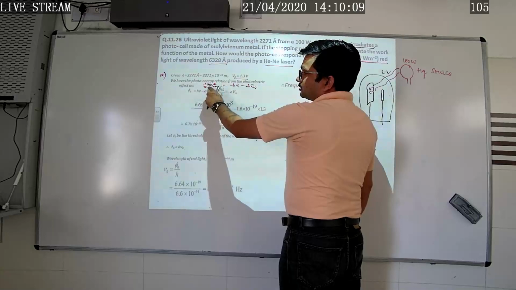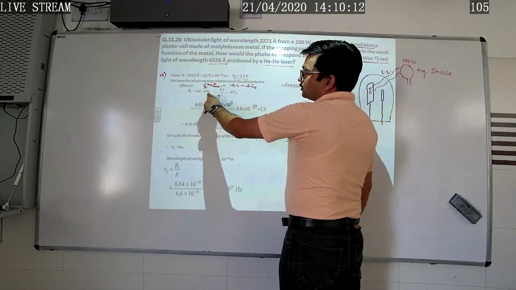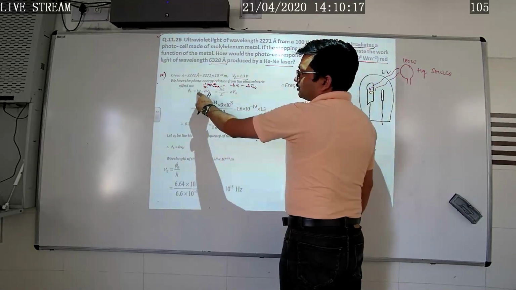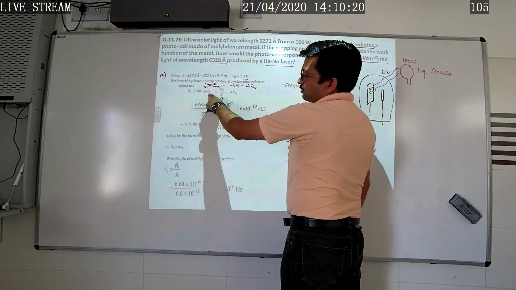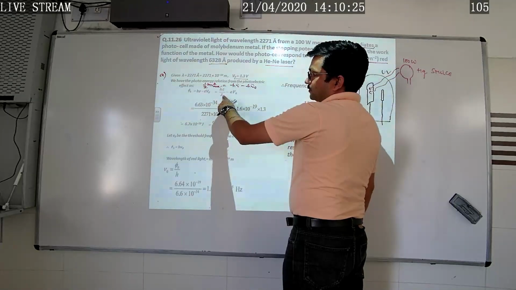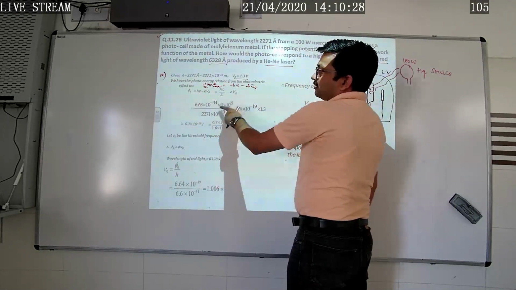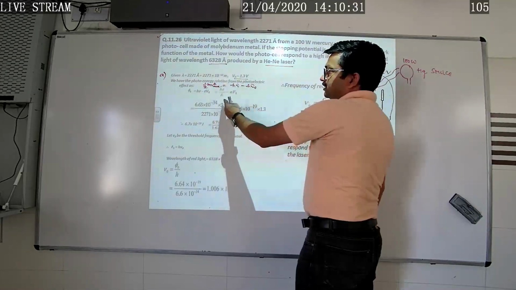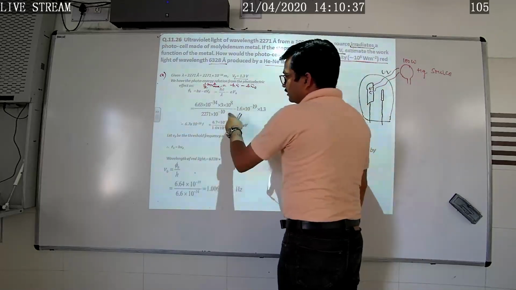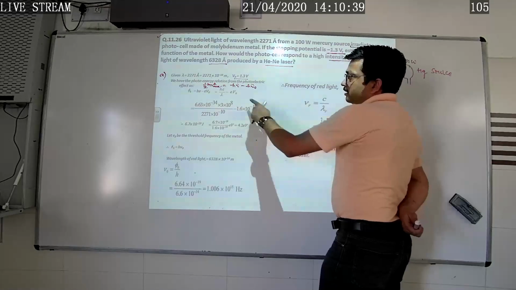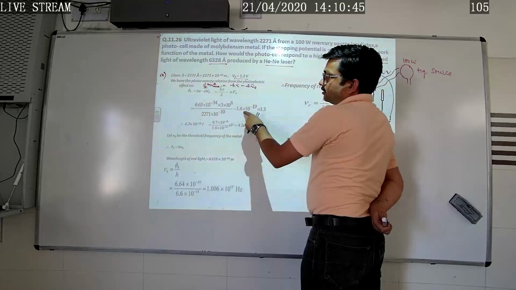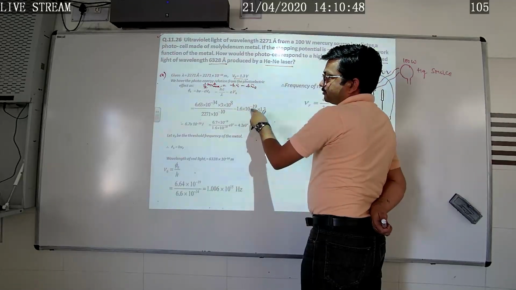So here this kinetic energy corresponds to e V naught. Taking phi naught on one side, phi naught is equal to h nu minus e V naught, where V naught is the stopping potential. Now h nu is nothing but h c by lambda, so phi naught is h c by lambda minus e V naught. Now substituting the respective constants, one thing should be noted: the stopping potential is given in electron volt, so we put 1.3 into the charge on the electron, 1.6 into 10 to the power minus 19.